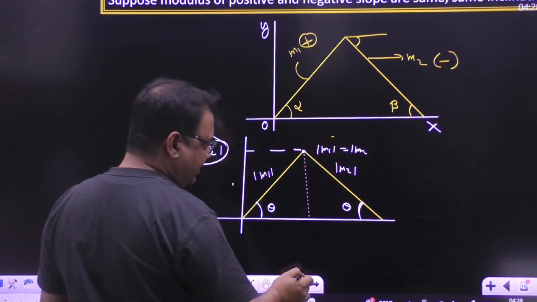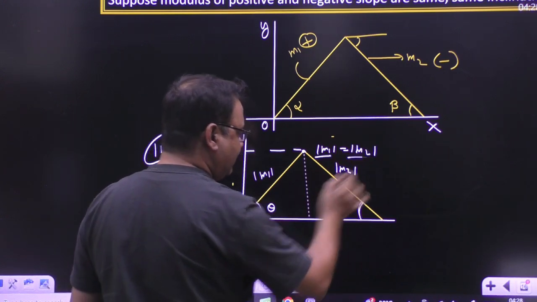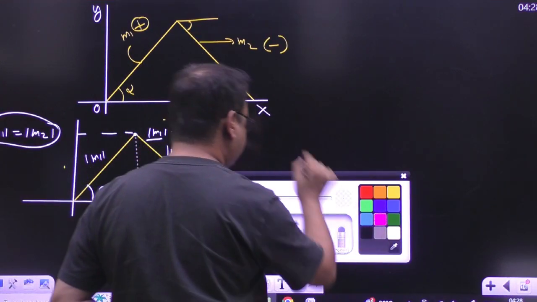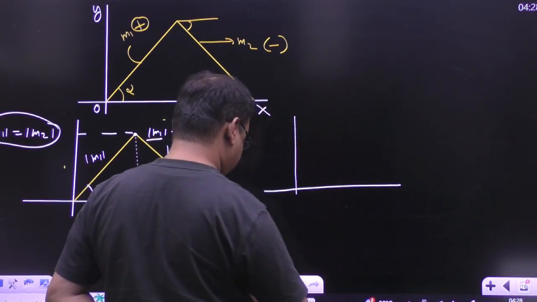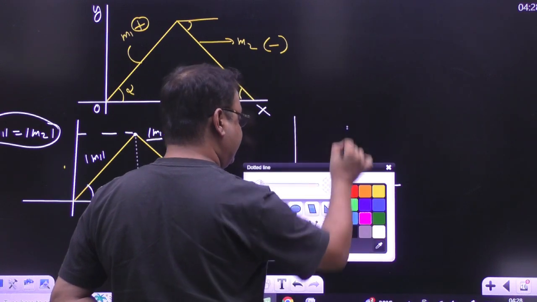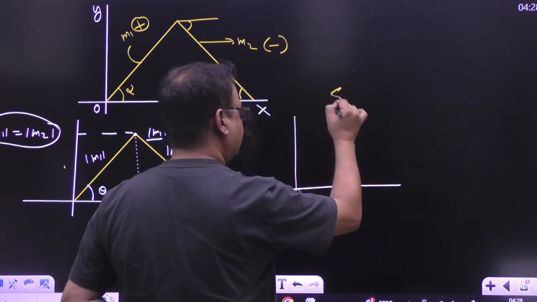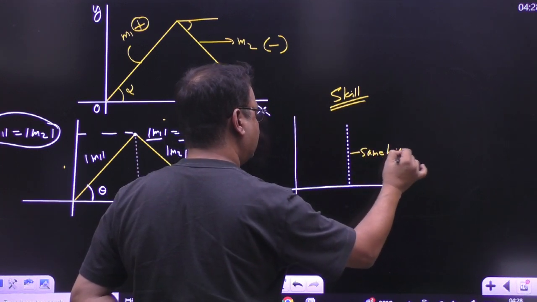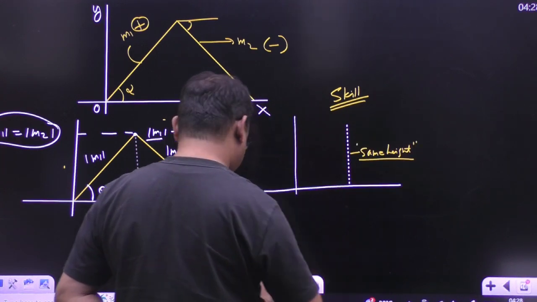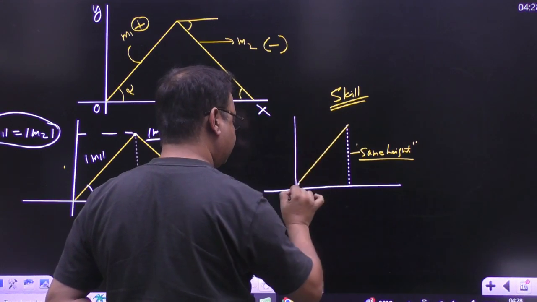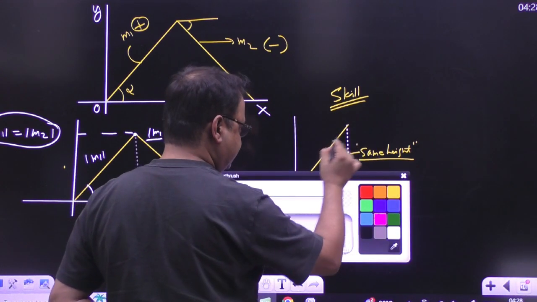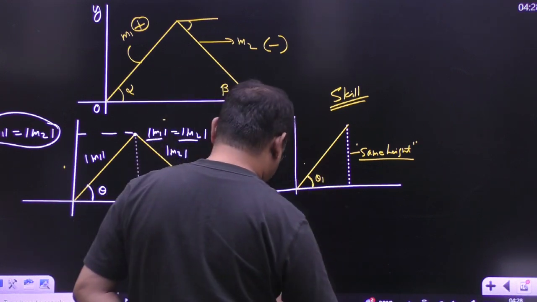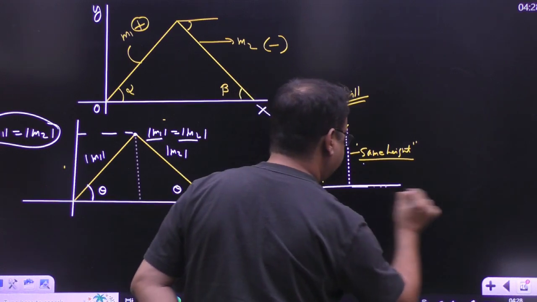Of course, when you are making a freehand sketch, you cannot make the inclination with an angle. So what is the way of making the freehand sketch? Suppose one graph is like this, and we are having the same height, and this inclination is θ1, and I want to make a graph with lesser inclination or slope on the negative side.